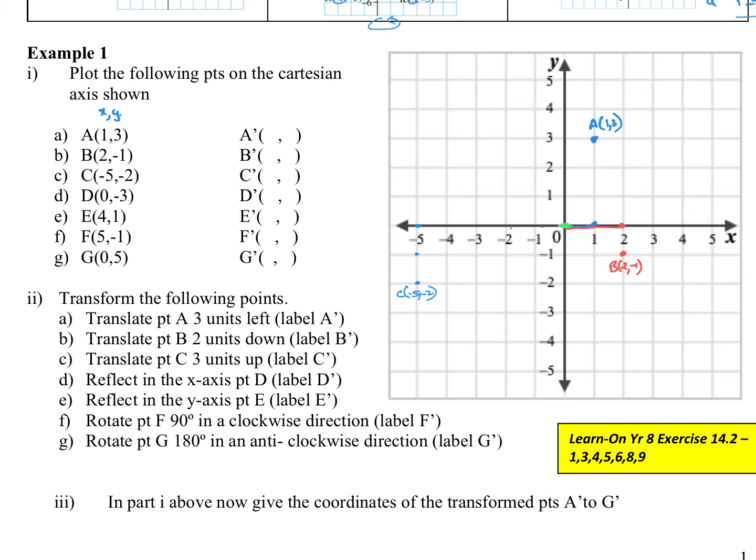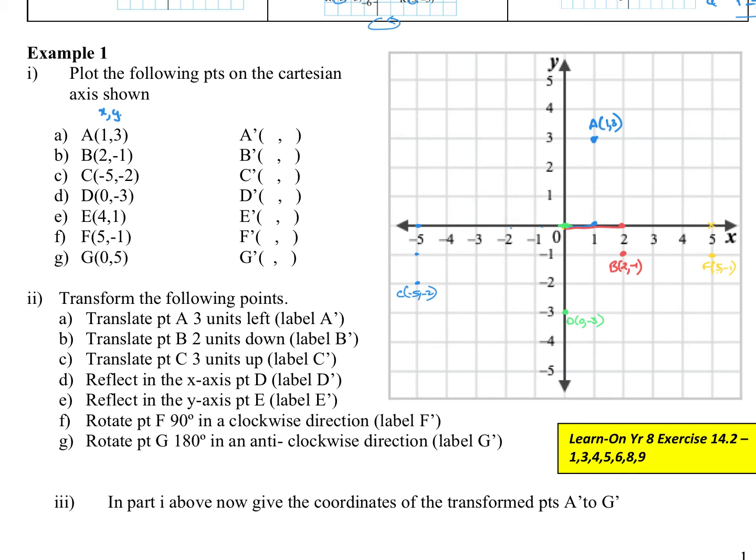And then I'm going to go 3 units down. So that's the point D, 0, -3. F is the point 5, -1. So 5 across to +5, and then -1 down. F, 5, -1.